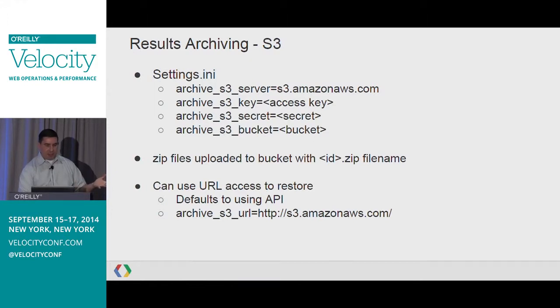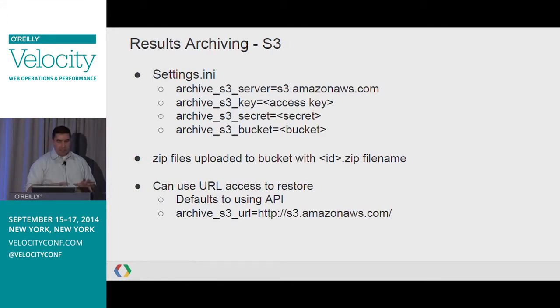As far as S3 goes, it doesn't technically have to be S3. It can be anything that can talk S3's protocol for uploading files. You give it a server, a key, a secret, and a bucket where you want to store it. As far as the config goes, you can also provide a URL. If the S3 URL isn't provided, it's going to use the S3 protocol to try and download the results back. However, if a URL is provided, it'll try and fetch it over HTTP.